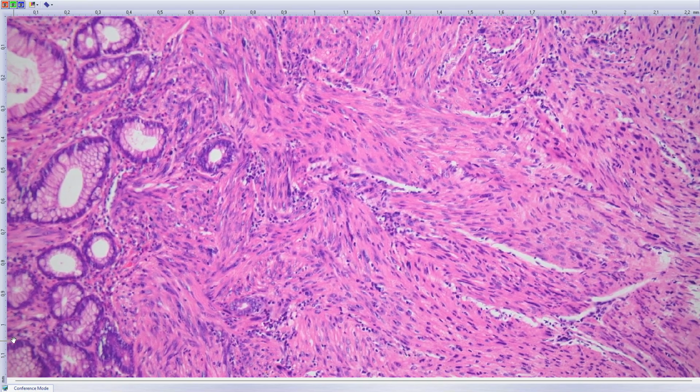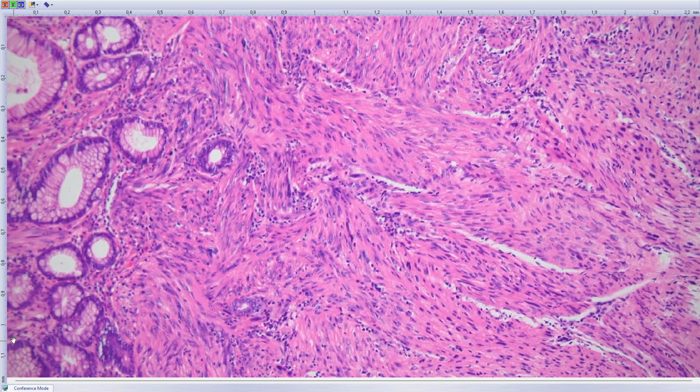But otherwise, in the whole GIT tract, GIST is far more common. So they had the correct diagnosis at the referring lab, and it was just sent for confirmation of the diagnosis.